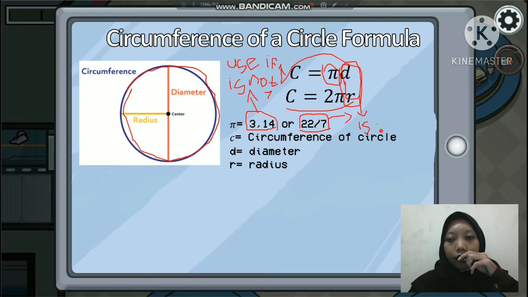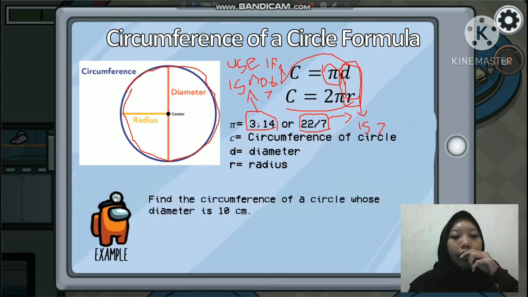Okay, the circumference of a circle. D is the diameter and R is the radius. Next, the example. Find the circumference of a circle whose diameter is 10 centimeters. We write the formula: C is pi multiplied by D. C is 3.14 multiplied by 10.